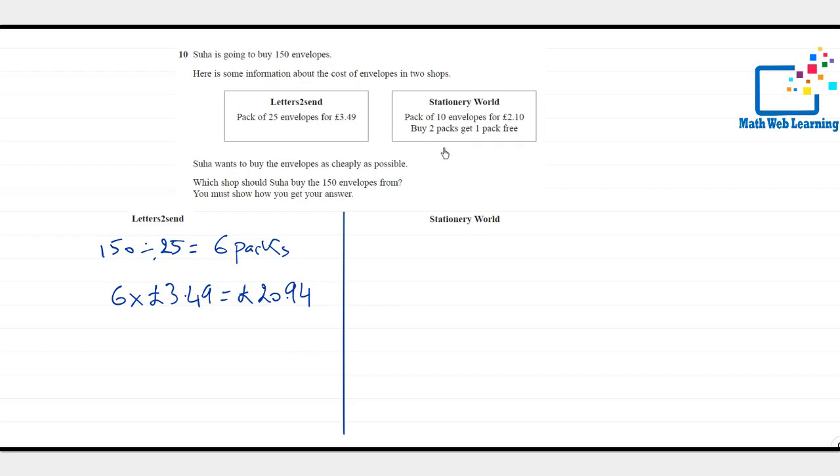They have an offer, a pack of 10 envelopes for £2.10. Basically, with this shop, she's going to need 15 packs: 150 envelopes divided by 10, since envelopes come in packs of 10. That gives you 15 packs.